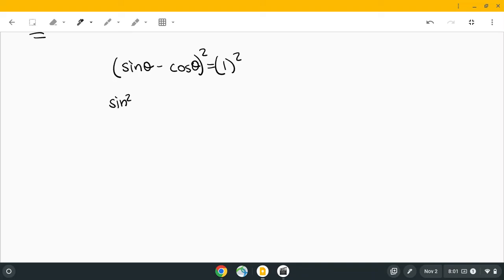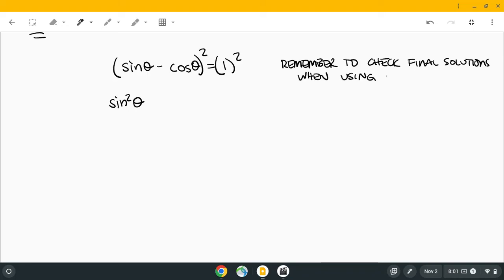Here, this gives us sine squared theta. Here, let me put a note. Remember to check final solutions when using this method.